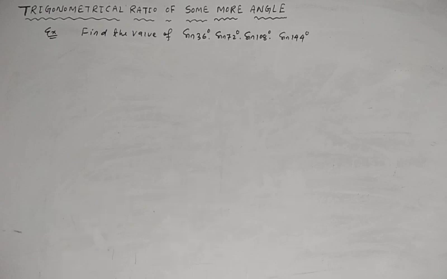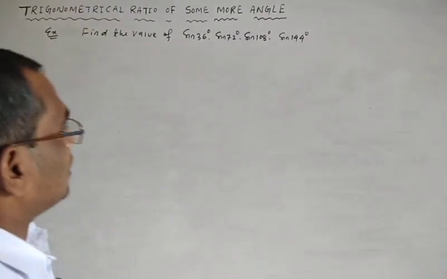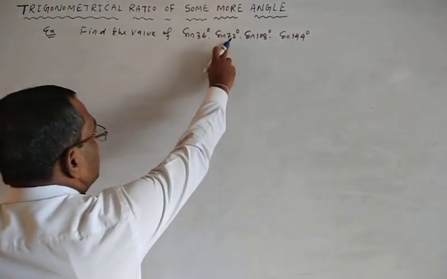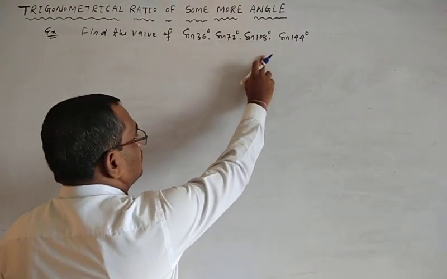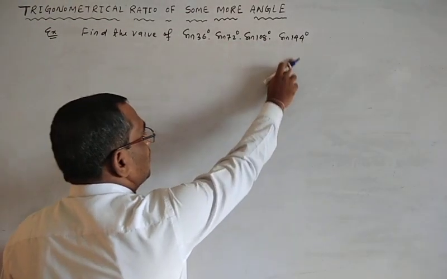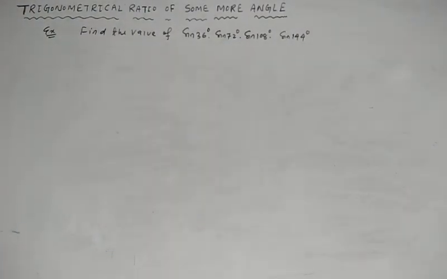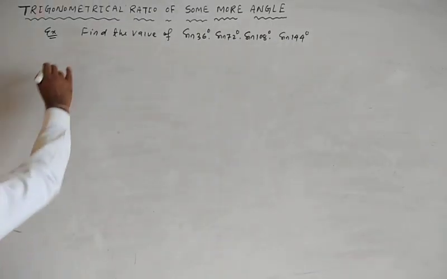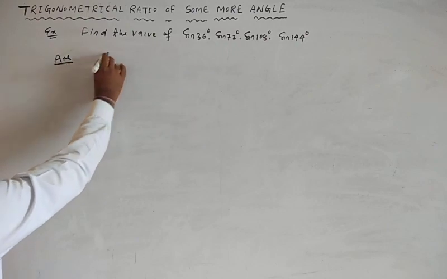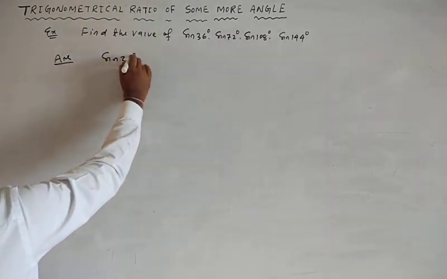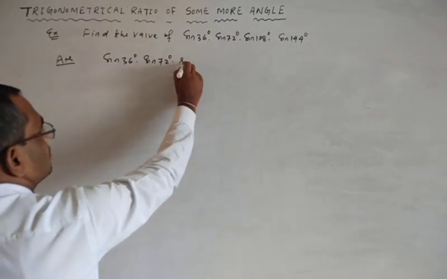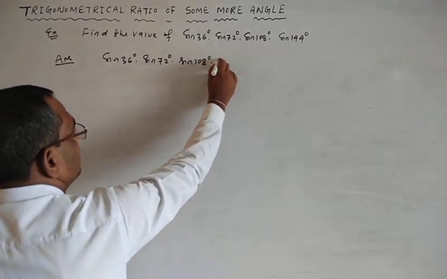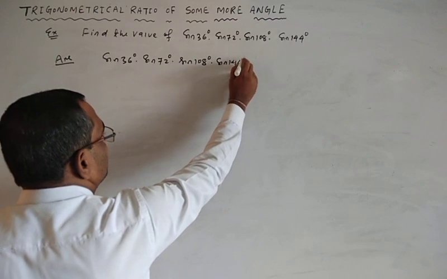So first we express the larger angle in terms of a smaller angle, that is 72 means you have to write 90 minus 18, 108 is equal to 90 plus 18 and 144 is equal to 180 minus 36.